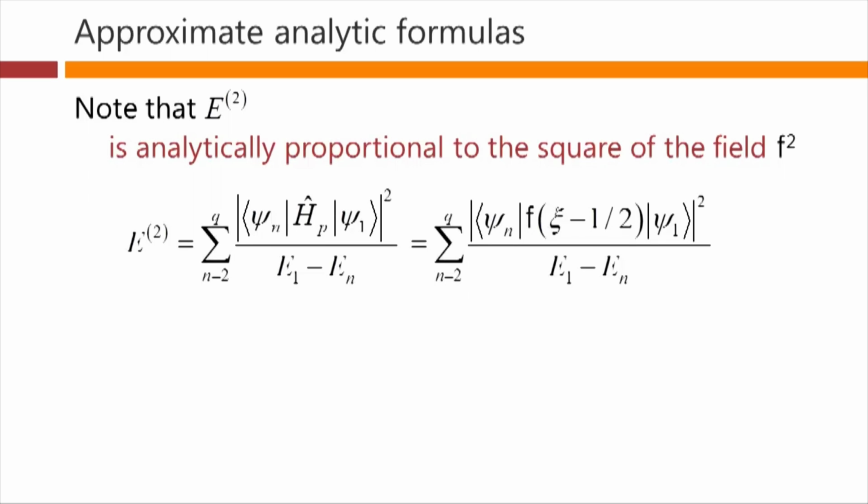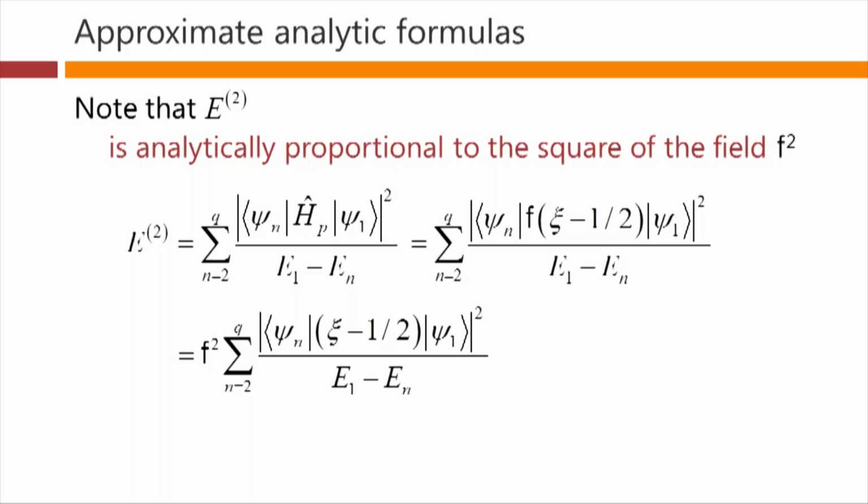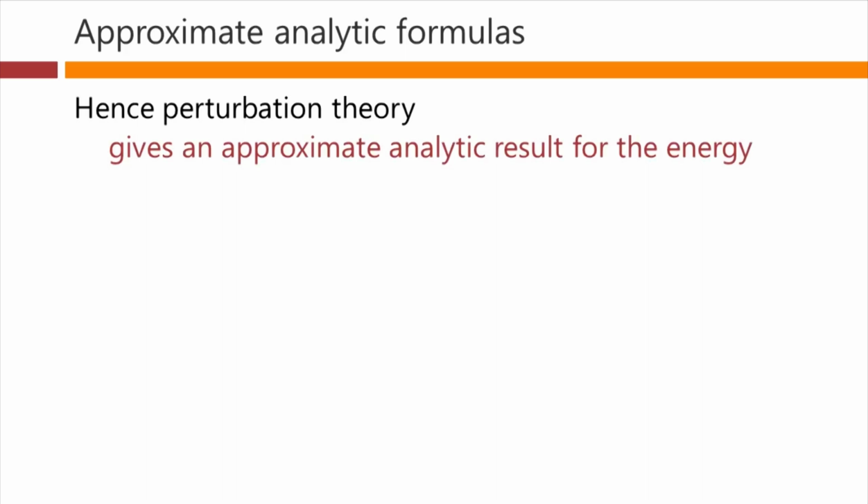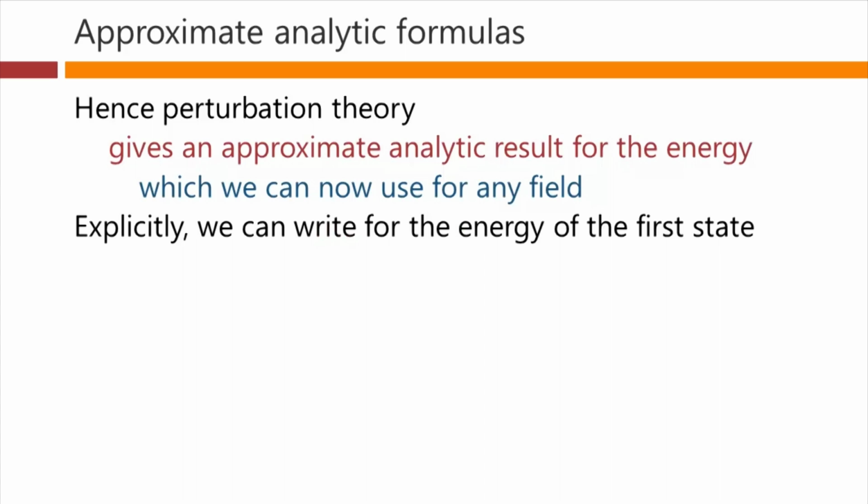Here it is explicitly. So we can pull that out as a square out the front. So this is a number that we can work out. This summation here is just a number multiplying the field squared. So we've now got a formula for the energy correction. Hence, perturbation theory gives an approximate analytic result for the energy, which we can now use for any field.